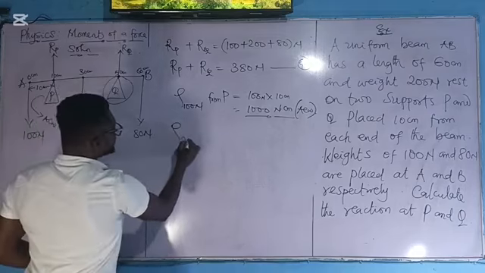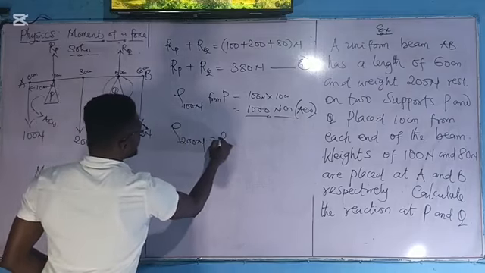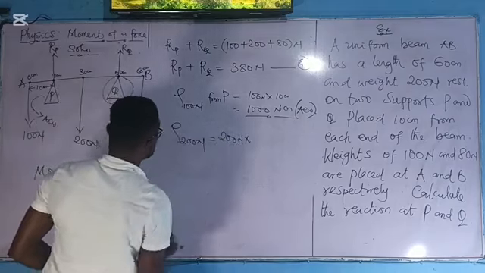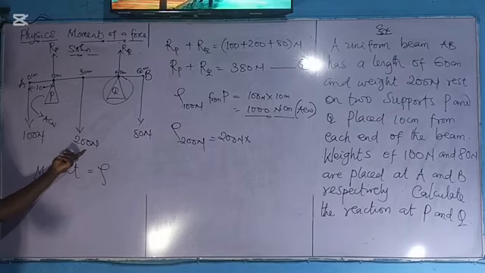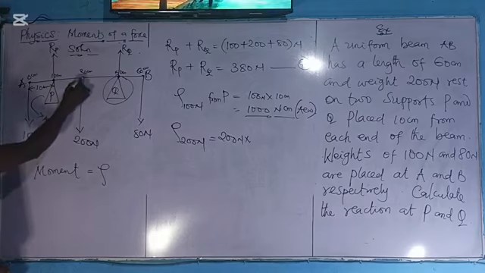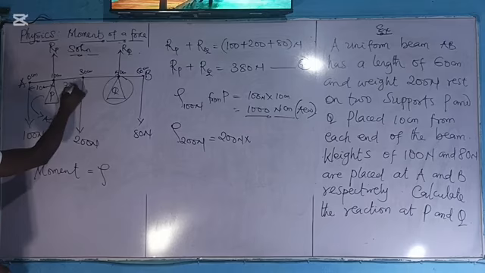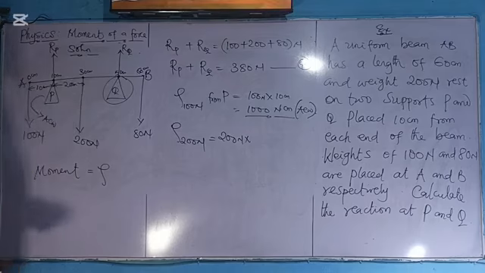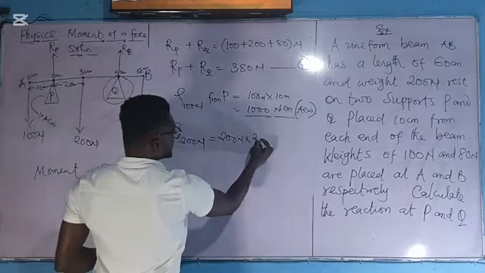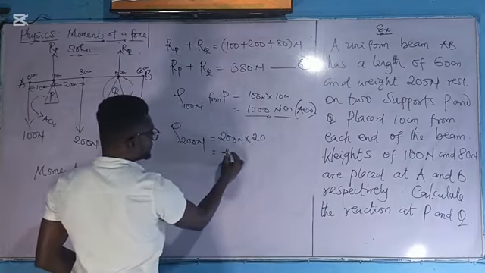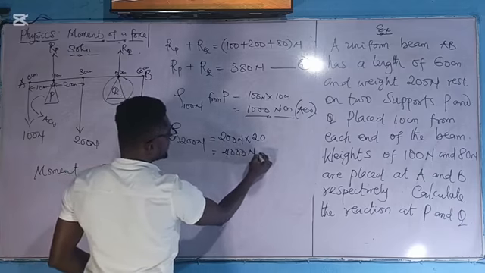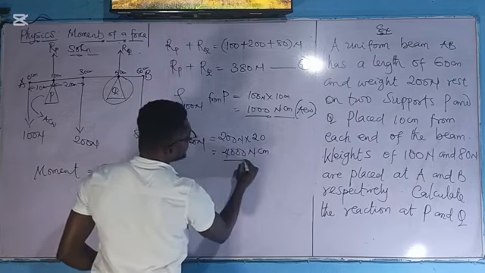Now let's get the moment of 200 Newton. Now the moment of 200 Newton will be 200 Newton times the distance from the turning point. Okay? So we have 200, the distance. The difference between 30 and 10 will give 20 centimeter, right? So times 20. So at this point, we are going to get 4000 Newton centimeter.